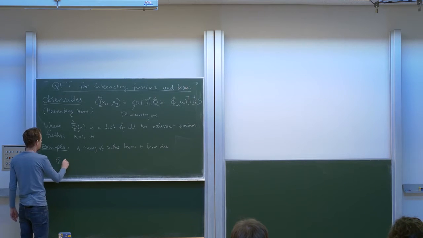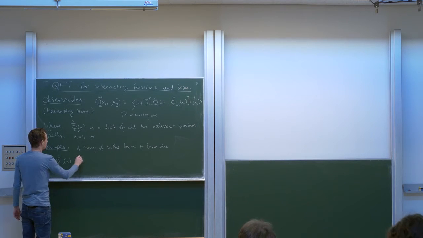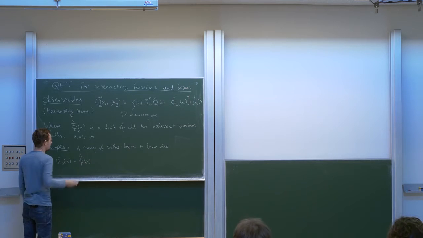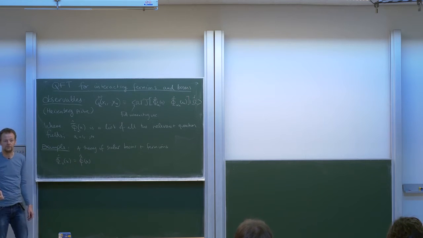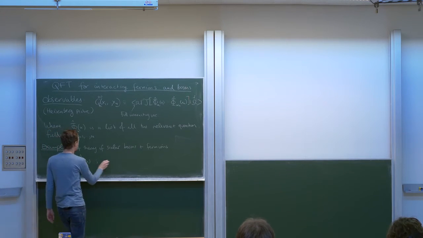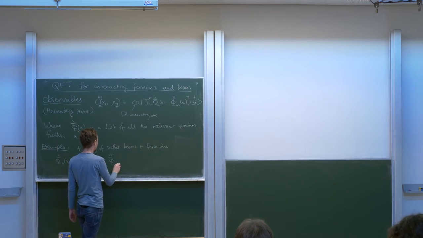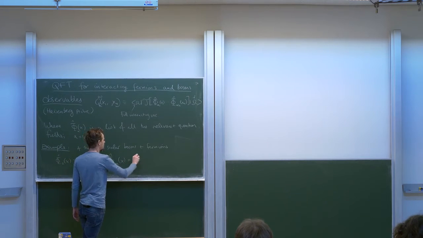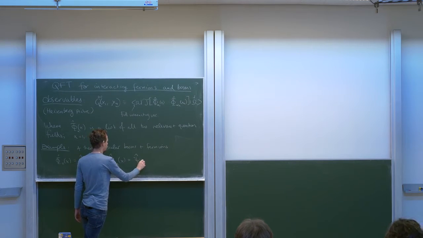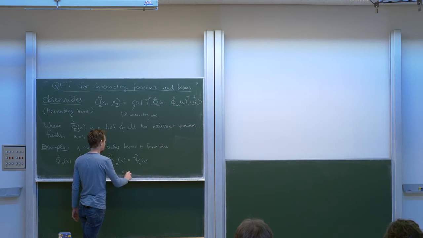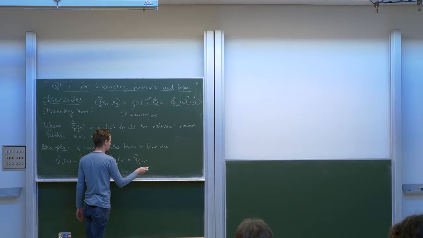So phi 0 would be the scalar boson field operator, and then phi hat alpha x is the Dirac spinor field for alpha equals 1, 2, 3, 4.